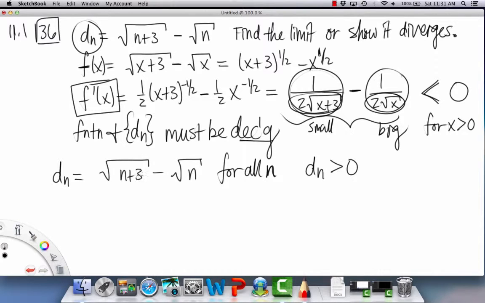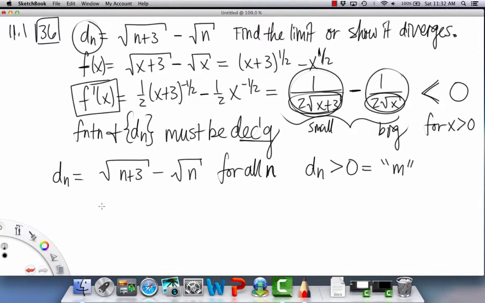Because of this plus 3 here. That means that whatever we plug in for n, even if you plug in a 0, you're going to get a positive root 3. And if you plug in a 1, then you get something else that's positive. So this is kind of like its lower bound, right? Remember that? So this is like our little m, okay?